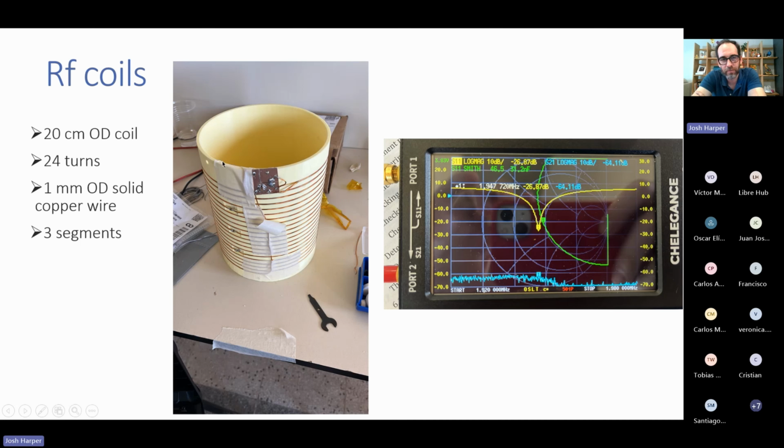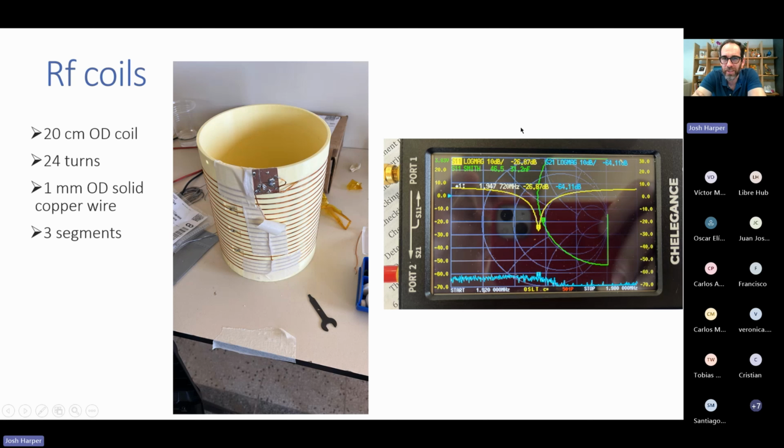So first I printed a 5 centimeter coil and tuned and matched that and got that working. And then I moved to this larger coil very quickly. The next day I was able to move to this coil. And so this one has about 24 turns. I've used 1 millimeter solid copper wire, and it's segmented in 3 places to avoid self-resonance near my resonant frequency.